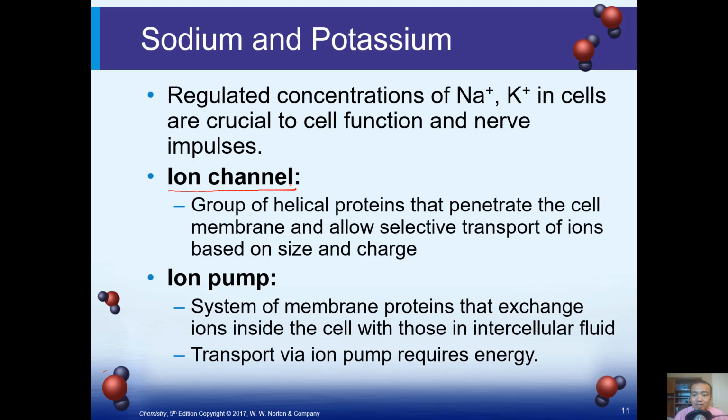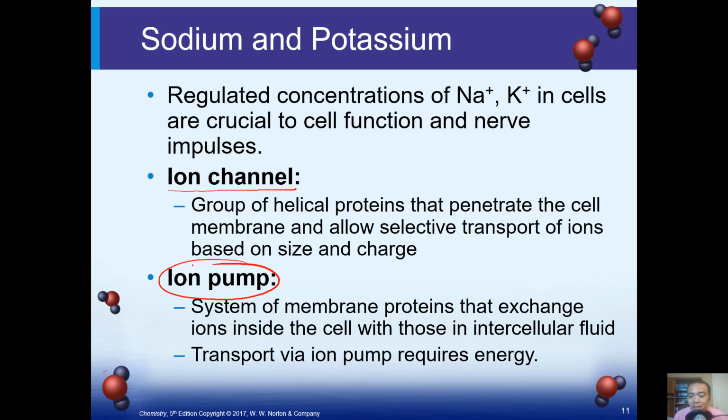The ion channel is a group of helical proteins that penetrates the cell membrane and allows for selective passage of ions based on size and charge. The so-called ion pump is a system of membrane proteins that are responsible for active transport of ions. This mechanism requires energy, which is provided by the hydrolysis of ATP to ADP.